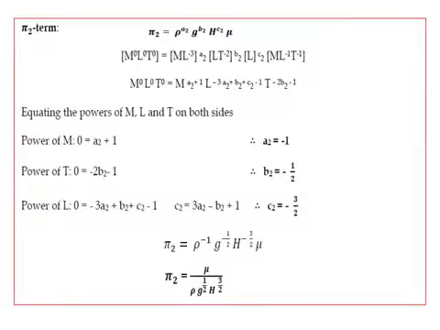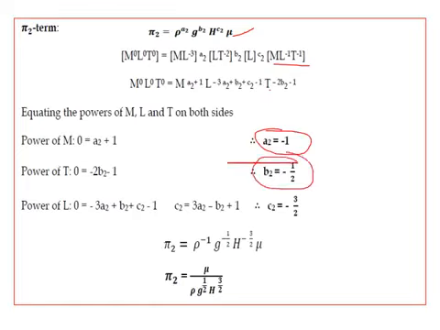Next, go for the pi 2 term with non-repeating variable as mu, so ML to the minus 1 T to the minus 1. Now rearranging, M to the power of a2 plus 1, L to the power of minus 3a2 plus b2 plus c2 minus 1, T to the power of minus 2b2 minus 1. Now we know that a2 plus 1 is equal to 0, so a2 is minus 1. Again equating the powers for T, minus 2b2 minus 1 is 0, so b2 is minus half.